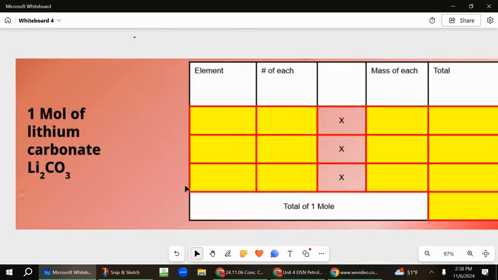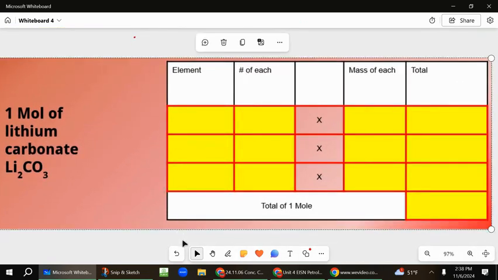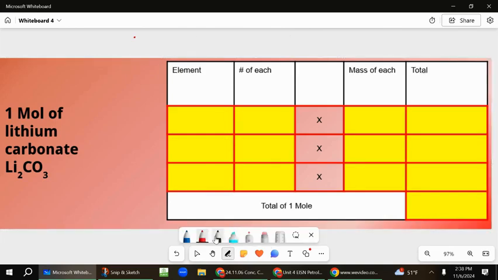All right. So now we have another one here for lithium carbonate. So the elements involved, ladies and gentlemen, are lithium, carbon, and oxygen. How many lithiums are in this compound? How many lithiums are in here, Genesis? 2. How many carbons, Christian? 1.